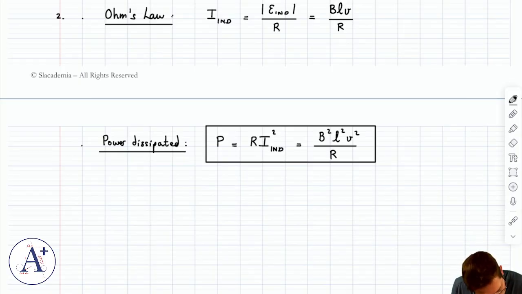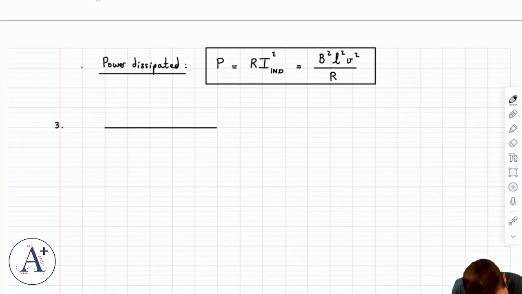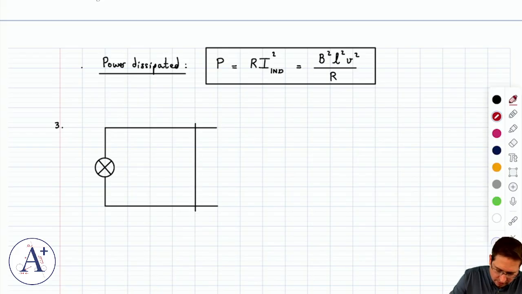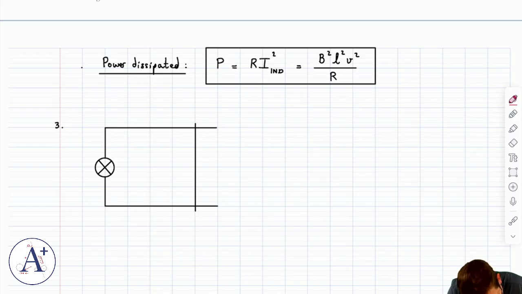Okay, so this is how you find epsilon induced and I induced. Fair enough. This is then what you have in terms of the rod and the current flowing through it. We know the direction of the current, and we have the following situation. So this is going to be my rod. And I know a few things.